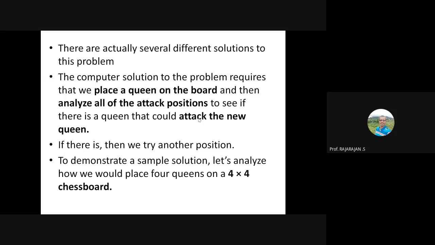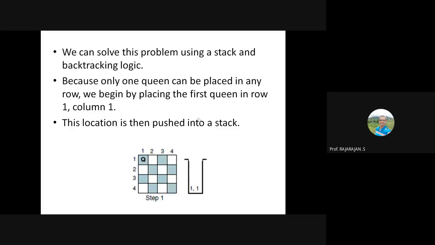It can very much be extended to 8 by 8, because the idea is going to be the same. We are going to use both the stack and the backtracking logic. You can also imagine that a stack is a natural data structure for backtracking, because in a stack the removal always happens from the top.